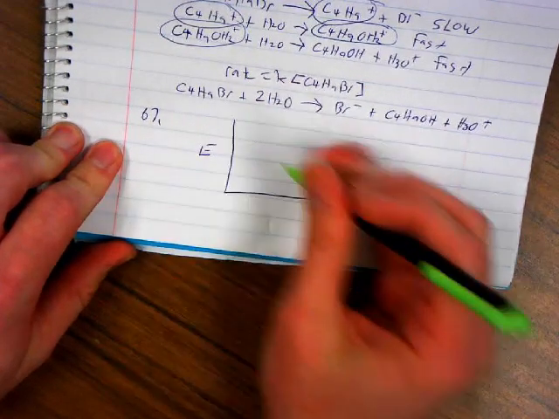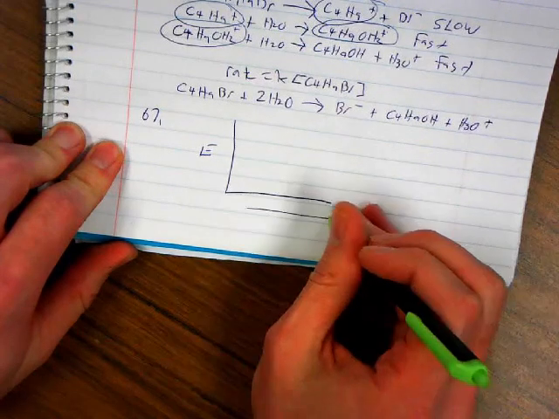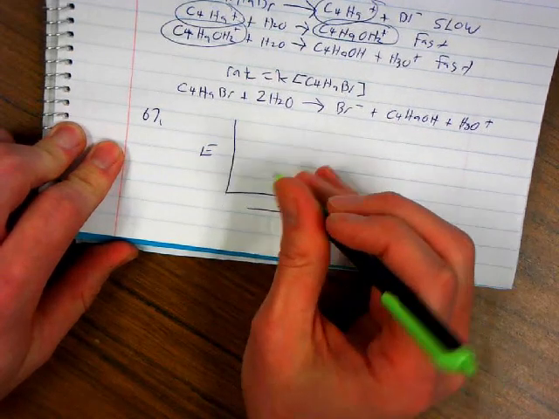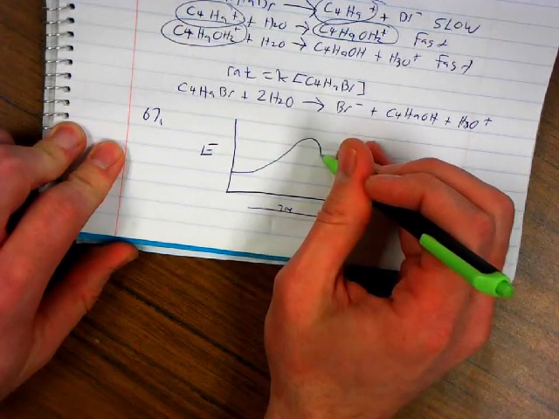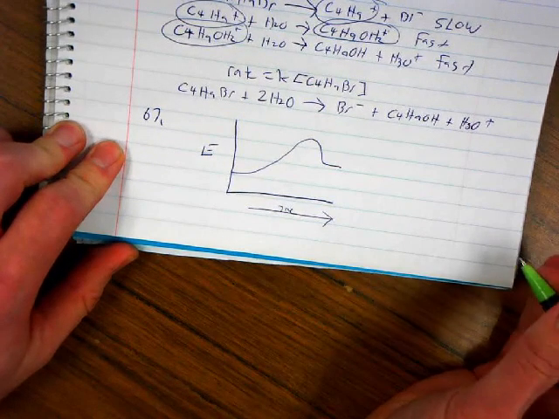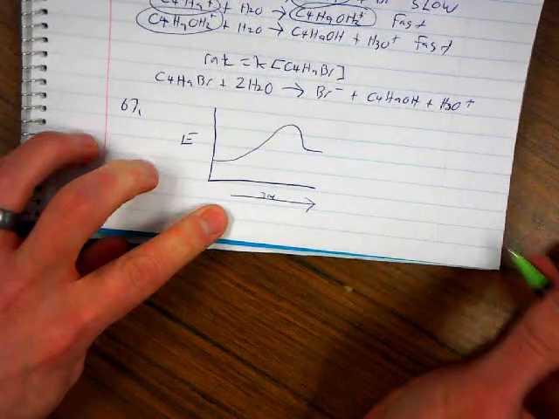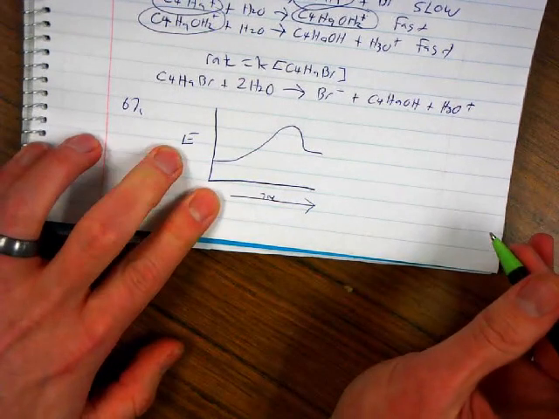Last one, 67, and a nice little picture. I think I can fit it on this page. 67. I have energy, right? And then I've got basically time down here.